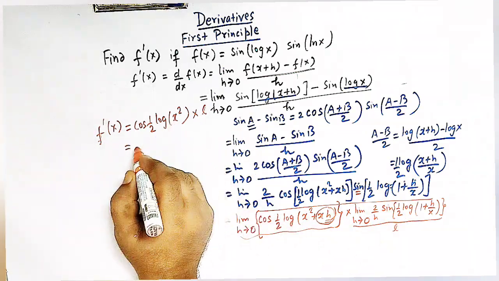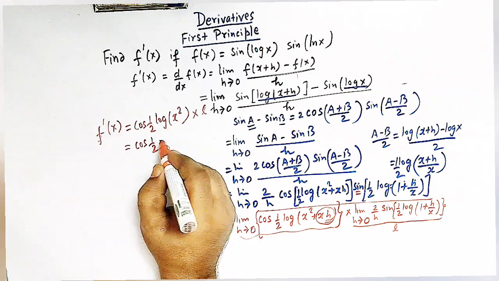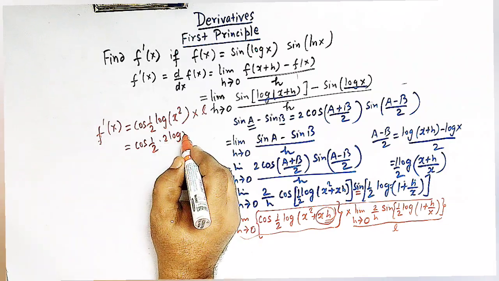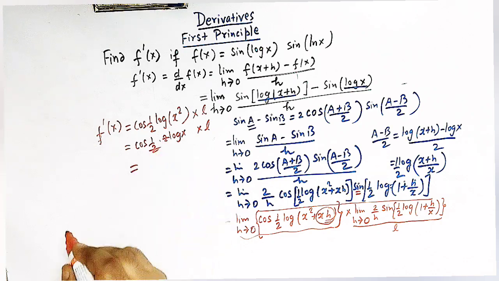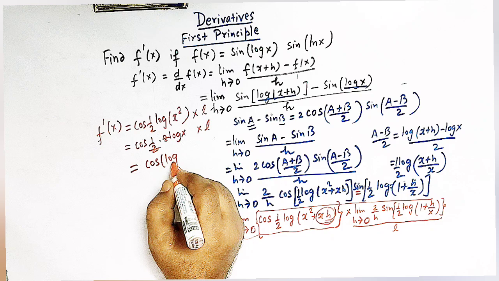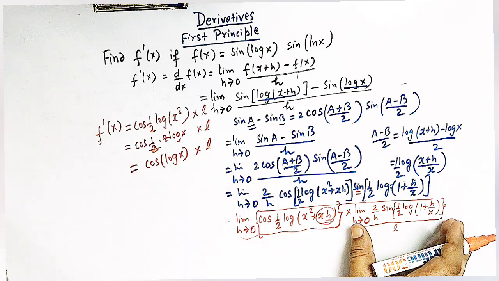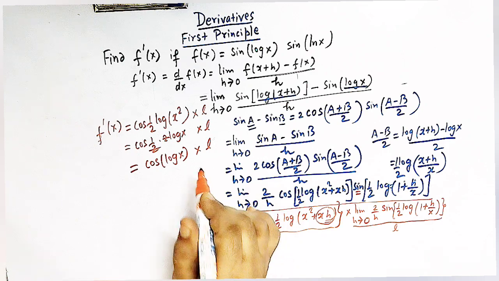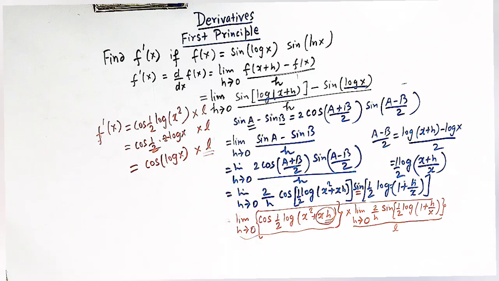So now here we have cos of half, and log x² is 2 log x, times L, and here 2 and 2 get cancelled. So we are left with cos(log x) multiplied with this limit, right? And now our aim is to find the value of this limit L.